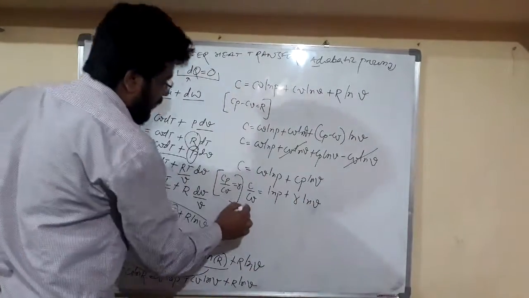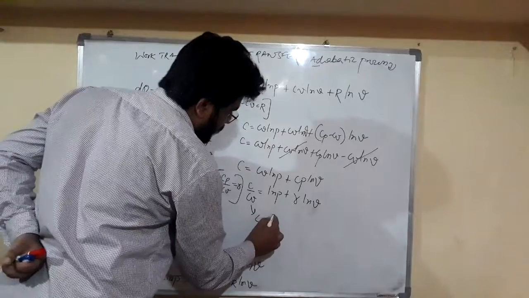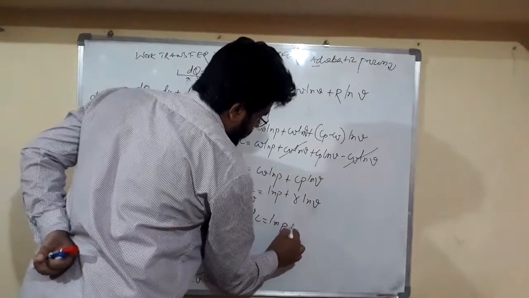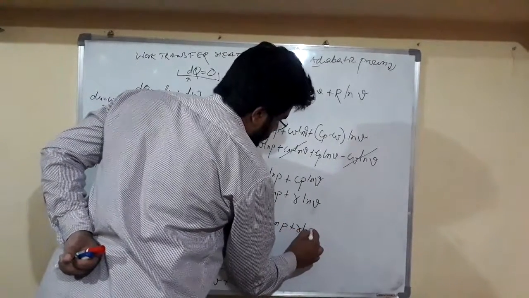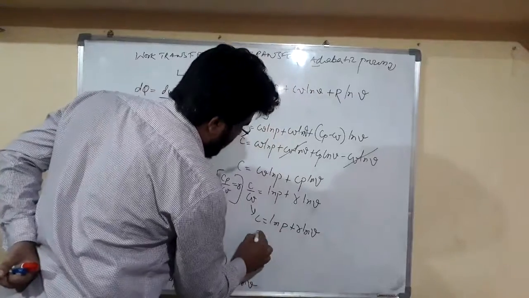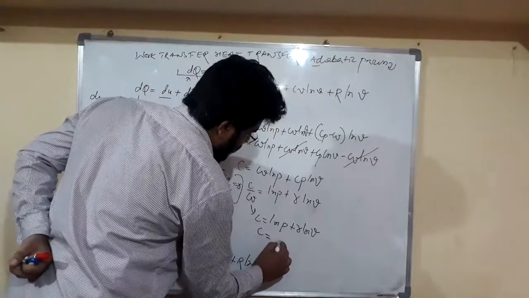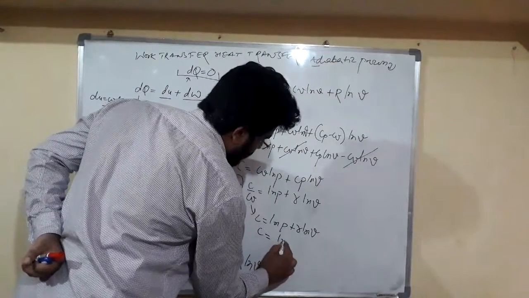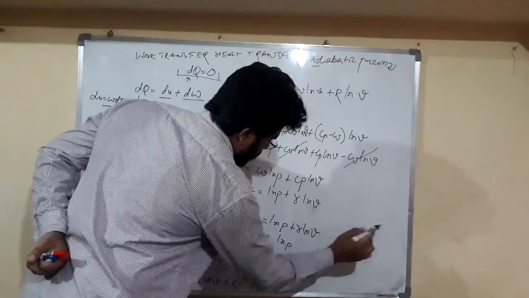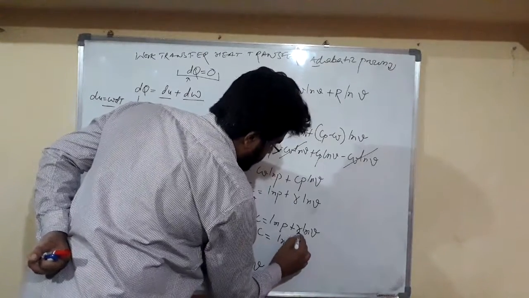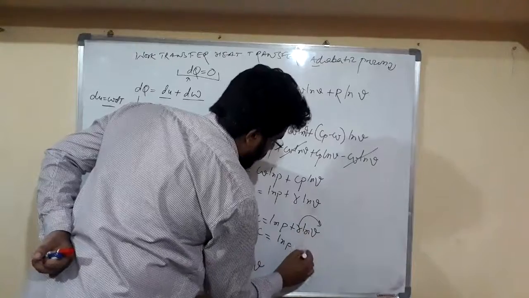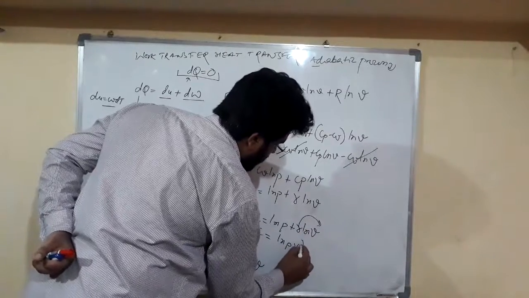Dear friends, this becomes again constant. c is equal to ln p plus gamma ln v friends. By using the properties of our log, we get ln p, and friends here we will get this gamma coming in power, so we will get p v gamma.